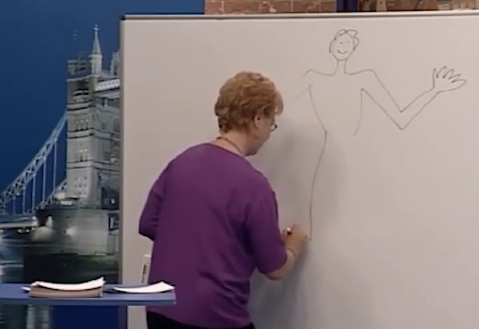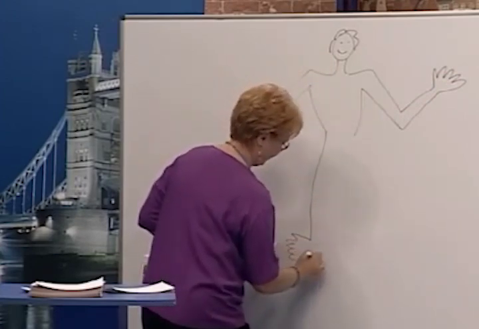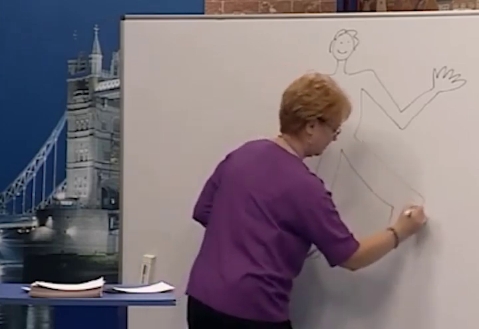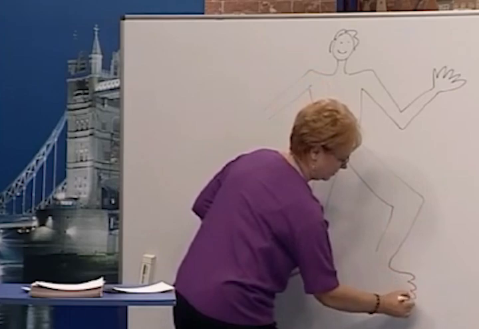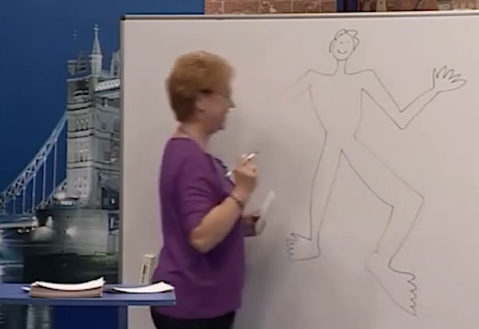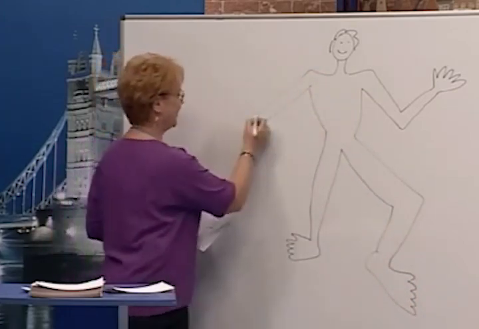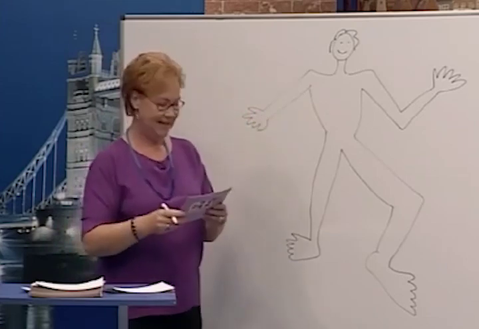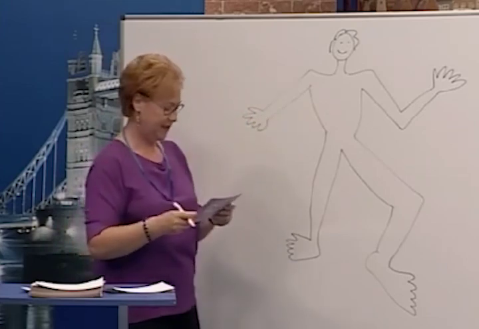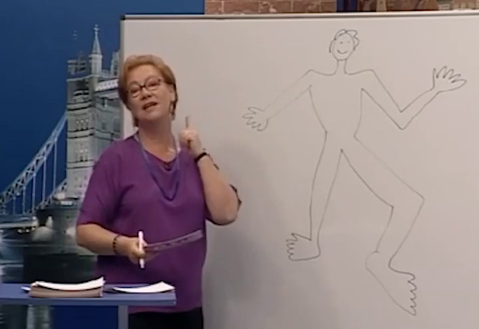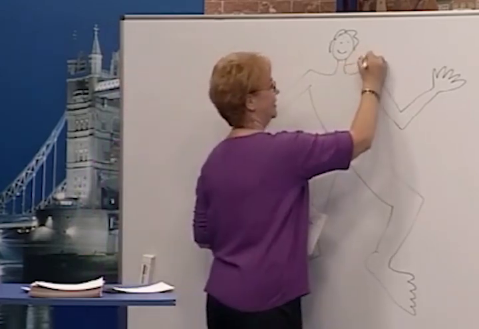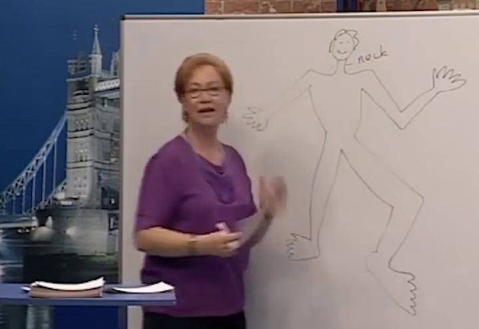This is a monster, but that's okay. It's beautiful, isn't it? Oh, we forgot the hand here. All right, now, this is why I'm not an art teacher. Now, here we go. This is the neck. Neck.